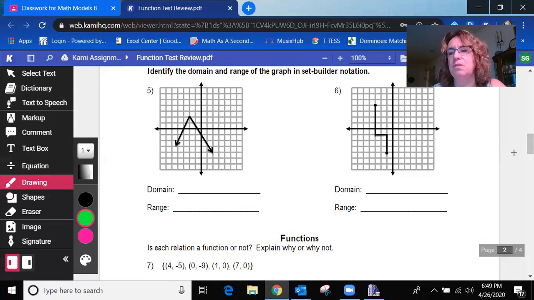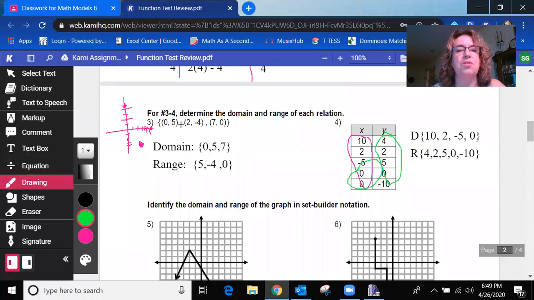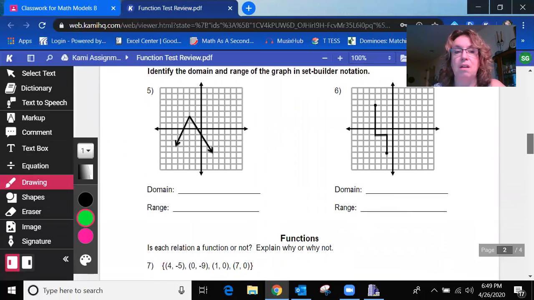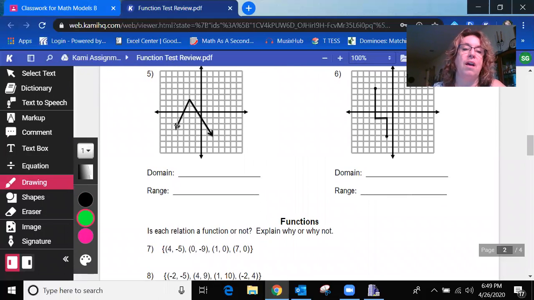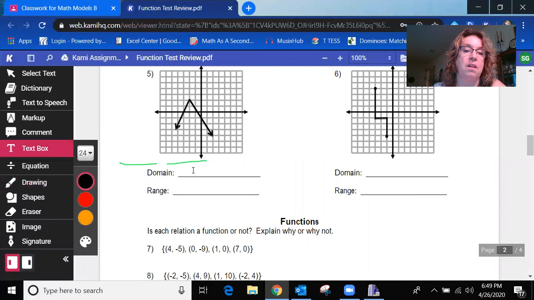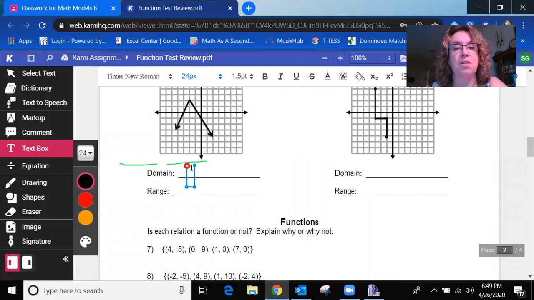Again, this is discrete data. It's just dot, dot, dot. And so it's just a list of numbers. But this is not going to be a list of numbers. I'm going to have to think how far to the left and how far to the right. Well, it's going forever this way and forever this way. So this one, hopefully you can say it. You know what's coming. All real.